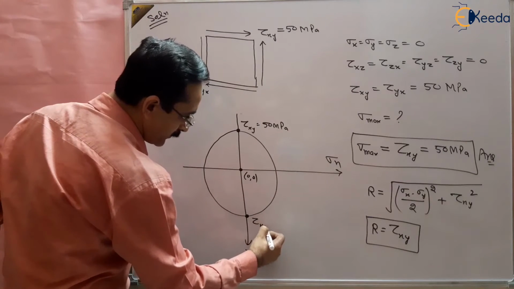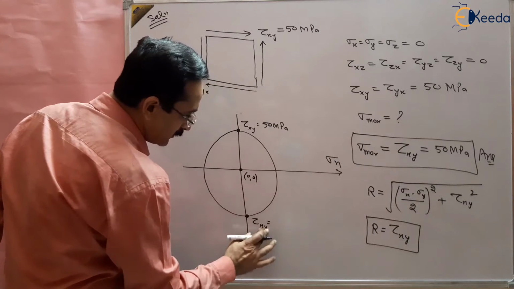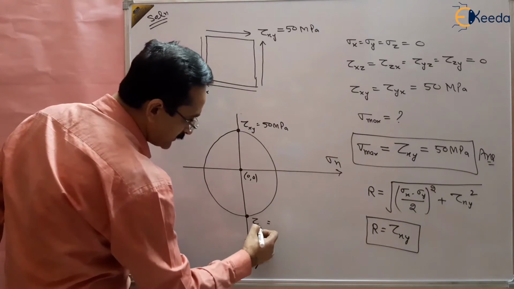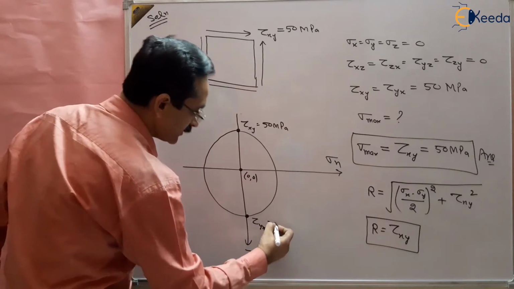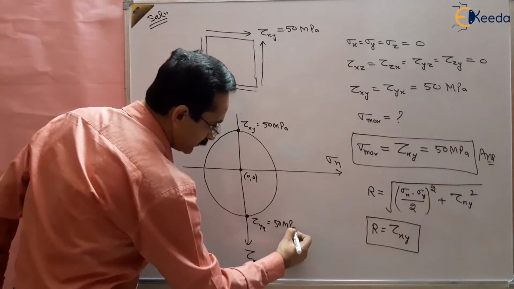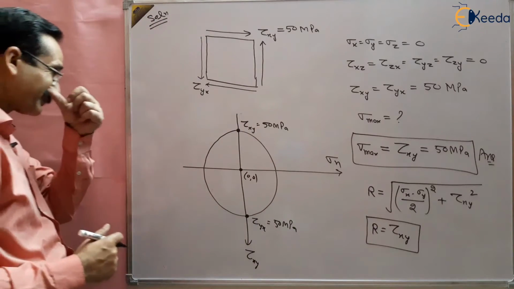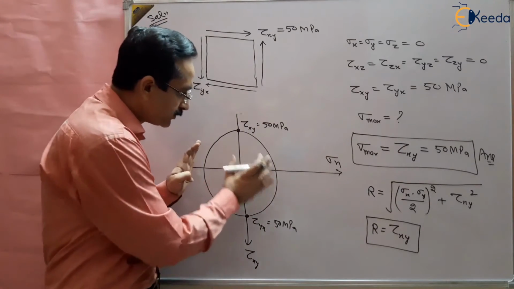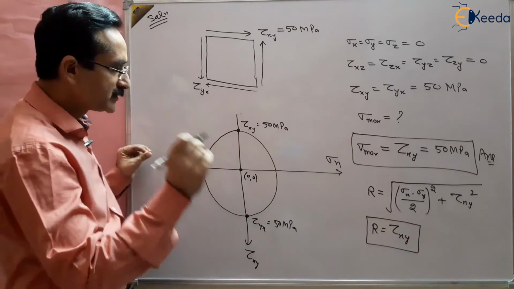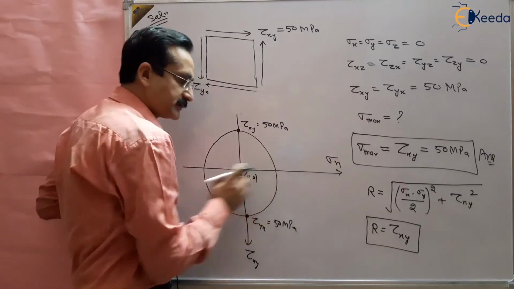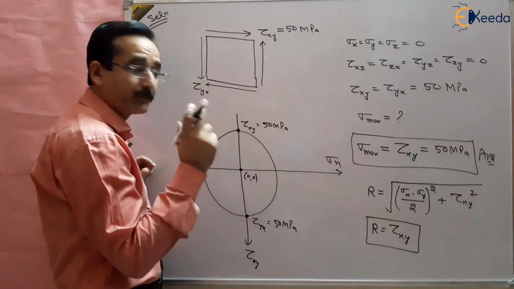One is in the negative direction and one is in the positive direction, one is minus, one is plus, but that is immaterial. The magnitude is 50 megapascal. Now how to find the normal stress using this circle? Normal stress lies on this axis, and we have to find the maximum value.